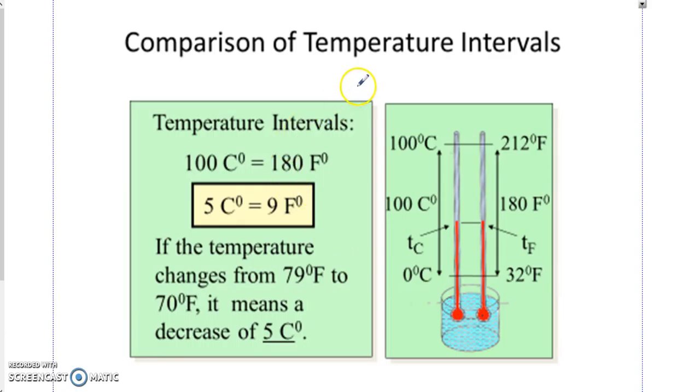Just to compare the intervals, 100 degrees Celsius is equal to 180 degrees Fahrenheit. 5 degrees Celsius is equal to 9 degrees Fahrenheit. So if the temperature changes from 79 Fahrenheit to 70 degrees, it means a decrease of 5 degrees centigrade. But of course we have the conversion, so it really doesn't matter.